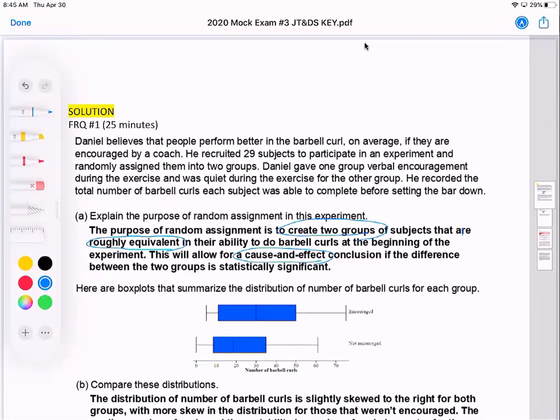Let's talk about confounding. Oftentimes we can say random assignment helps us to address confounding, but you wouldn't want to leave it just at that. That wouldn't be enough for full credit. So let's say we let people choose what treatment group they're in, and the people in the encouraged group typically exercise.